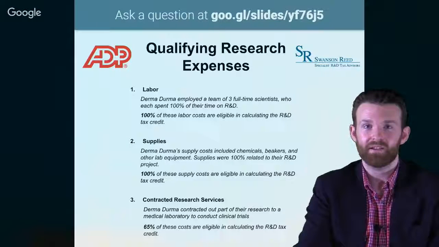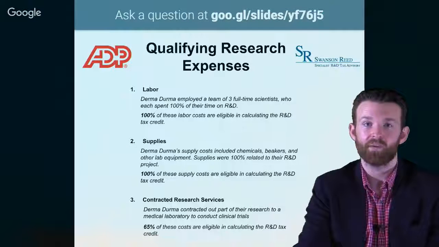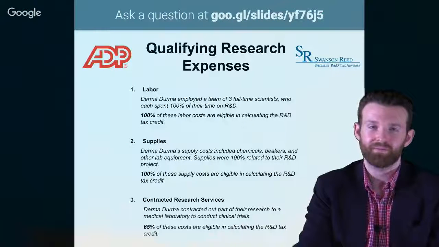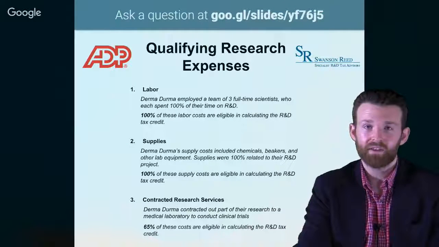In Derma's case, they employed a team of 3 full-time scientists who worked directly on the R&D project 100% of the time. Derma is able to claim 100% of labor costs in calculating their R&D tax credit, which, as any company can tell you, is quite a sizable amount. The second QRE category is supplies.